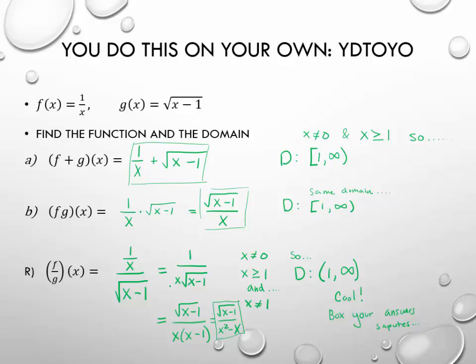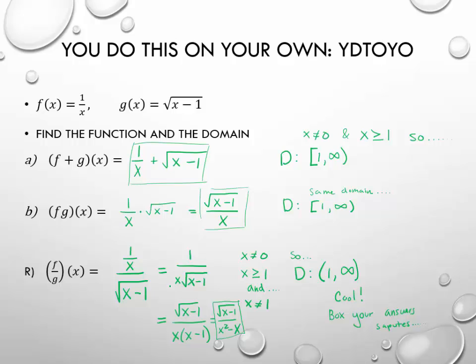Okay? Because it's redundant to say that it can't be less than 1 and it can't equal 0 because that's the same stuff. That's like saying I'm going to eat donuts. And then I also state I'm going to have a maple bar. It's redundant.